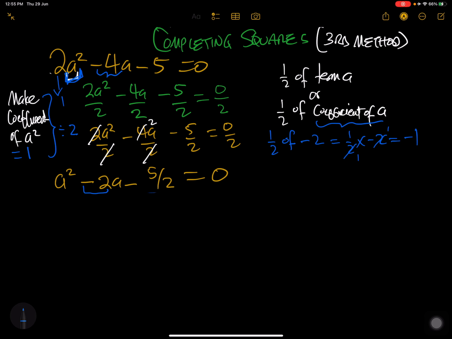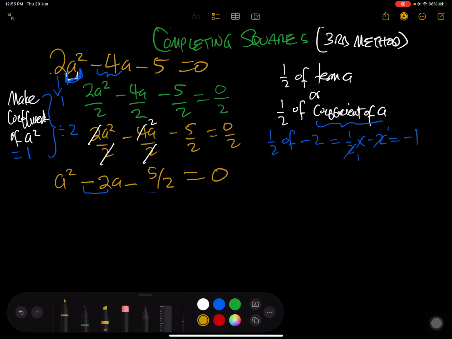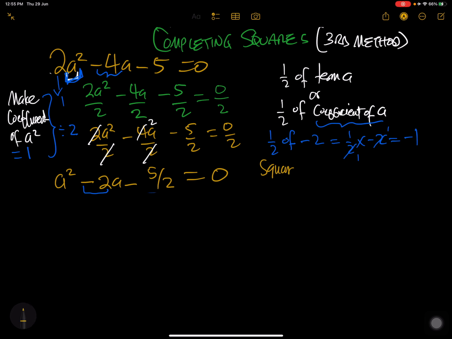Now, after doing that, we will need to look for the square. Let me name this one step 1 and this one step 2. In step 2, we square step 1.